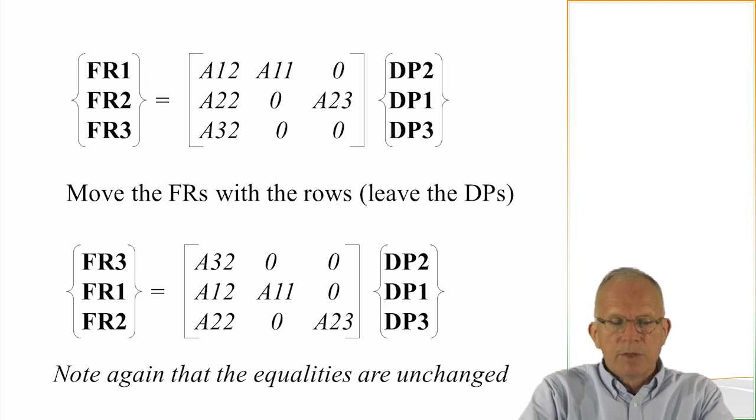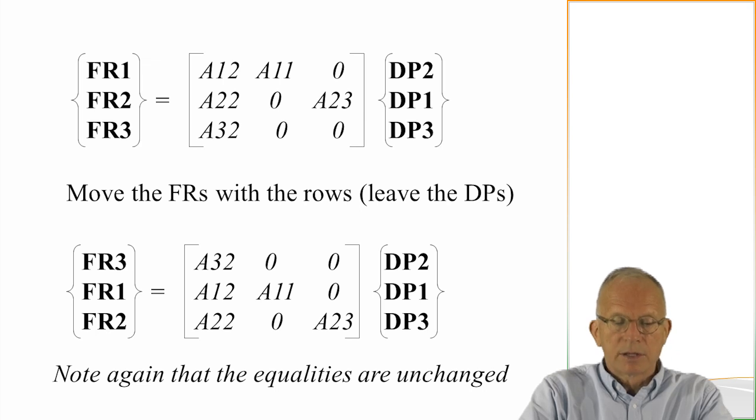So we can move the FRs now so that we will move FR1 down into the number 2 spot, FR2 down into number 3 and FR3 into the number 1. So we're just moving FR3 up, essentially. And then you can see that we have a lower triangular matrix, and again we have an extra 0 in the lower triangle, indicating that there might be 2 orders of adjustment.